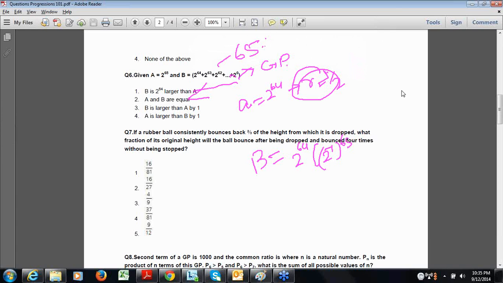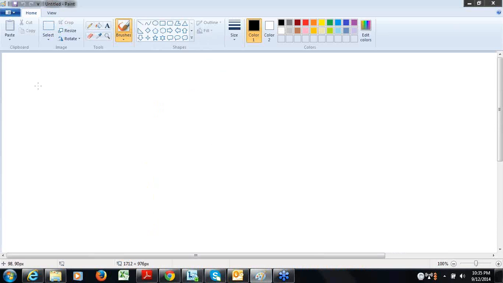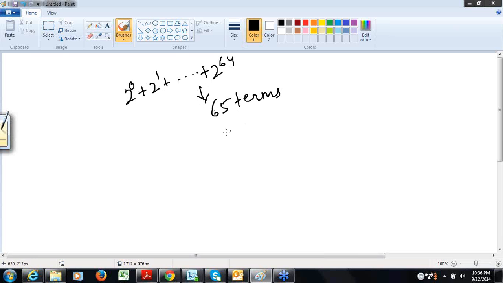So 2 to the power 0 plus 2 to the power 1 plus, till 2 to the power 64. This is 65 terms.